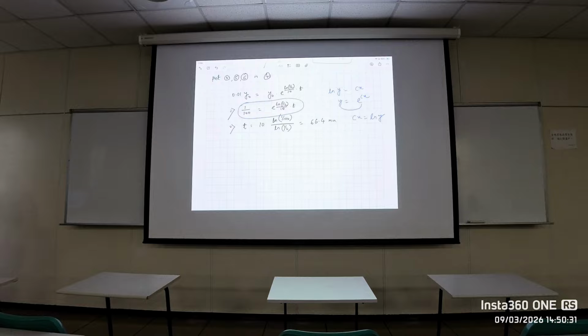If I break this one, I'll just put this one. ln 1 by 2 by 10 t is equal to ln 1 by 100.